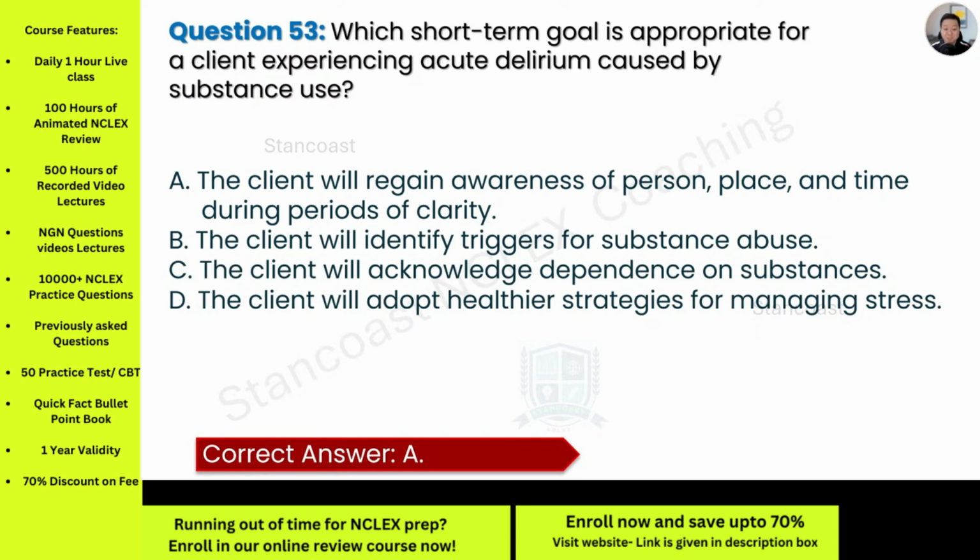Identifying the substance use triggers is essential, but is more appropriate during the stabilization and recovery phase. Same thing with letter C. Admitting dependence is part of a long-term treatment goal, not immediate care. While letter D, learning coping skills, is critical in preventing relapse, it requires mental clarity and should be done when the patient has already been stabilized.